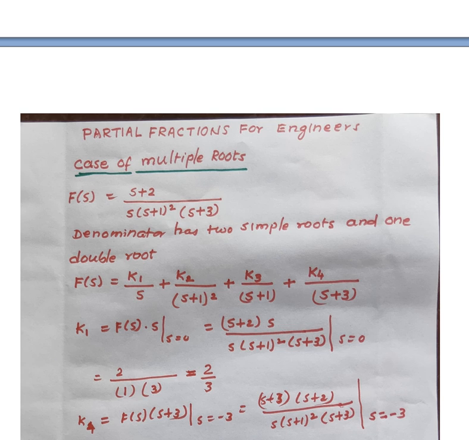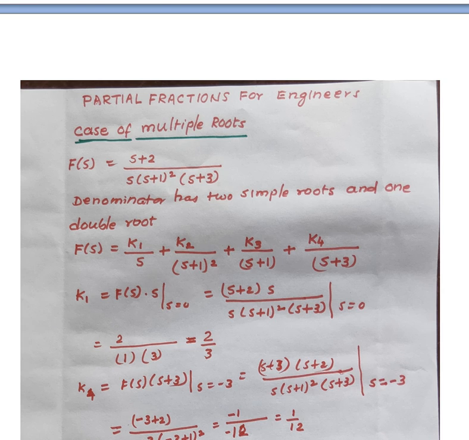To get this k1 value, multiply this F(s) with s. Then substitute s equal to 0. Whatever we get, that is k1. So k1 is equal to F(s) into s with s equal to 0. When we write F(s) into s, we get (s plus 2) into s divided by s into (s plus 1) whole square into (s plus 3).